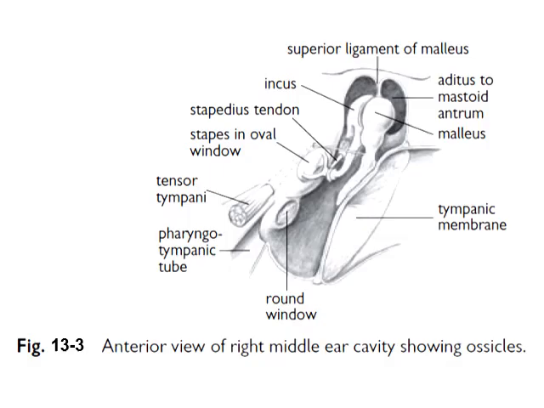The next slide shows the ear ossicles. The ear ossicles, or the three small bones in the middle ear cavity, were not shown in the previous slide, but now we can see them in this illustration. In this illustration, you can see the tympanic membrane, the eardrum. This eardrum has the malleus attached to it from inside, and the malleus is articulating with the incus.